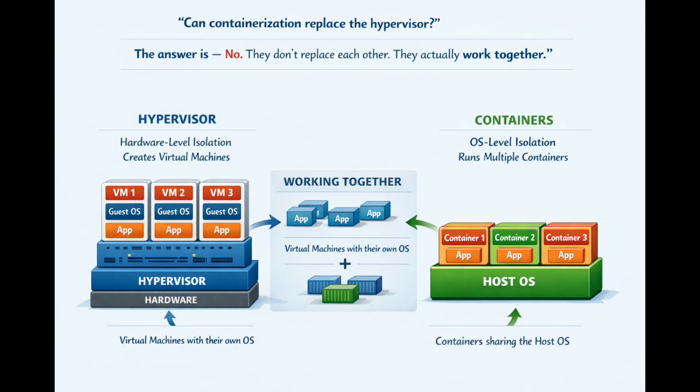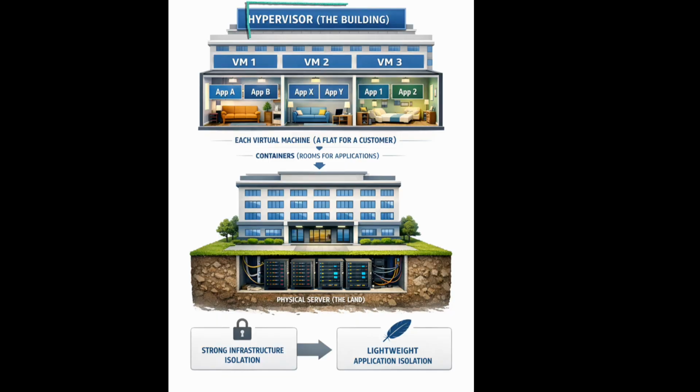You can think of the hypervisor like an apartment building. The physical server is the land and the hypervisor is the building. Each virtual machine is a flat given to a customer. Now, inside each flat, there are multiple rooms, and these rooms are containers where different applications run.